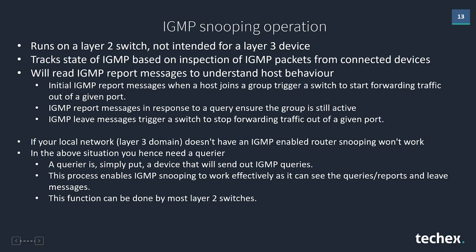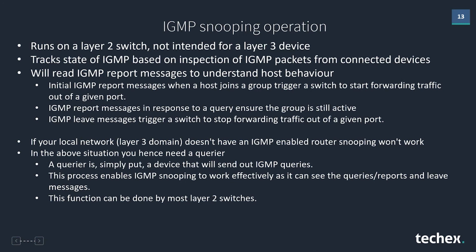Now, as I highlighted, if you don't have a querier enabled in the network, if you don't have a layer 3 network, if it's just a single layer 2 switch here, you can still enable IGMP snooping. All you need is a switch that supports IGMP snooping, and you enable it.